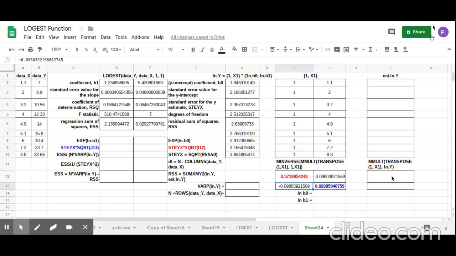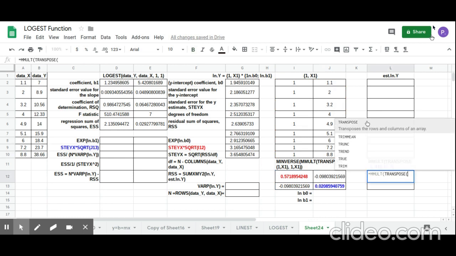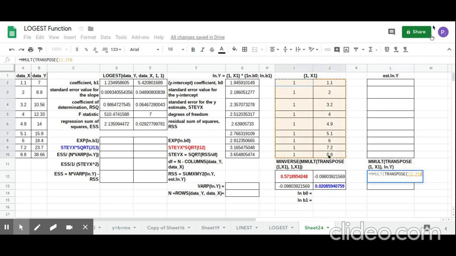Next, we multiply the transpose of this matrix to the ln y values, which is equal to MMULT, transpose, the y values, the ln y values.